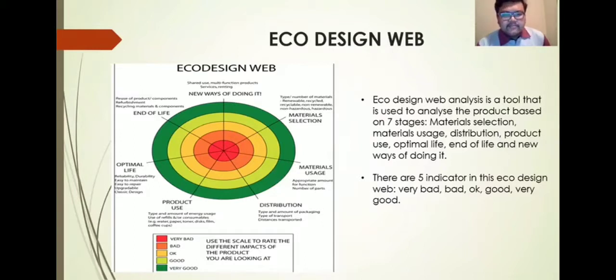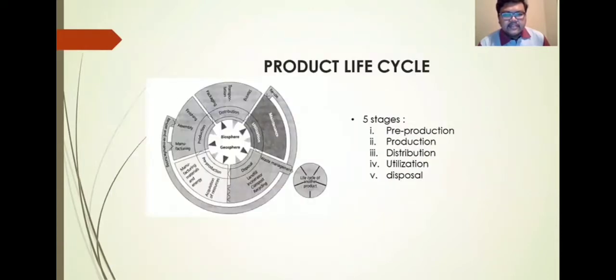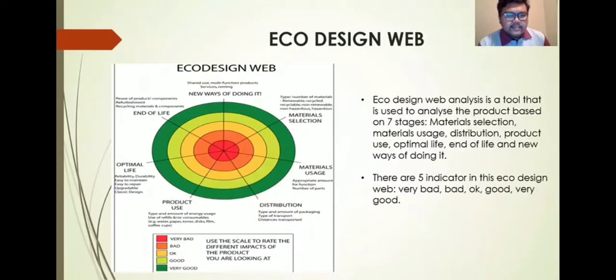This is the same as the previous one, the product life cycle, but it has some different stages, which are optimal life and new ways of doing it. And then I continue with the product use: the type and amount of energy used, and use of refills and or consumables.